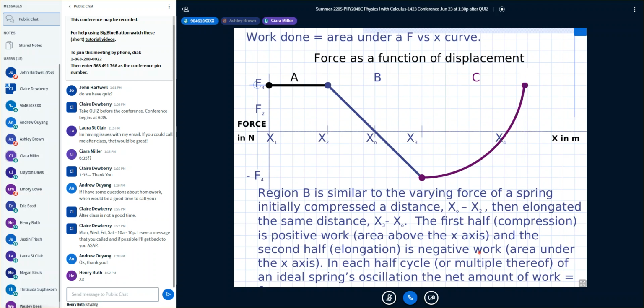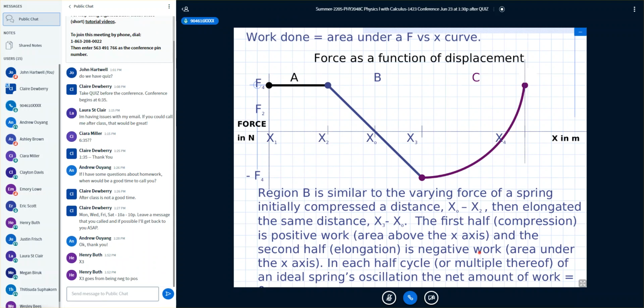No, the slope is constant there. But looking at that graph tells you that when you go from F sub 4 down to minus F sub 4, there are no 2 points on that distance that have the same force value. And it doesn't have the same x value either. So the force is changing from positive F sub 4 to minus F sub 4.